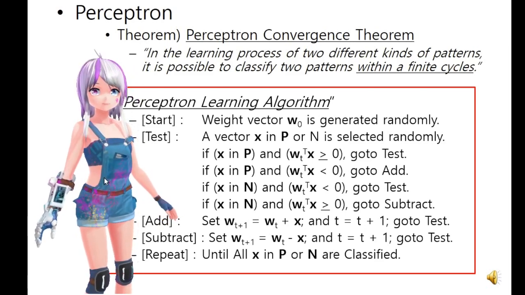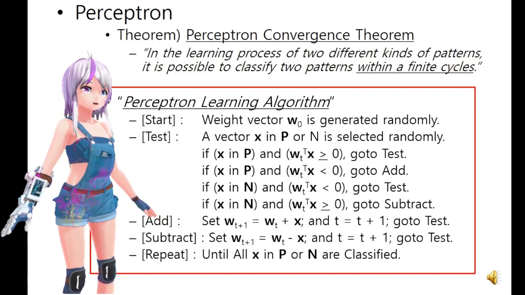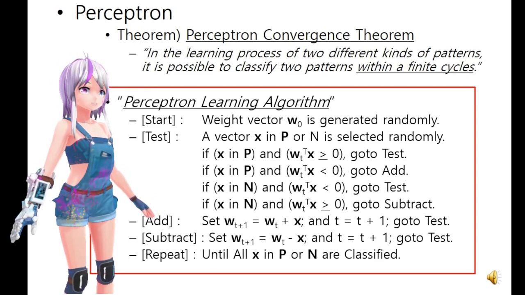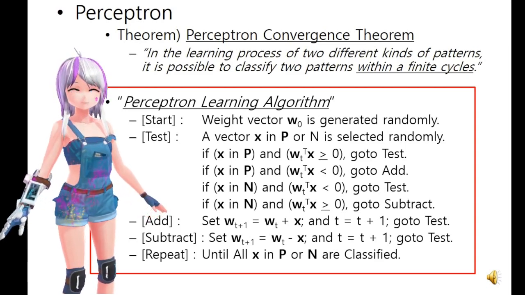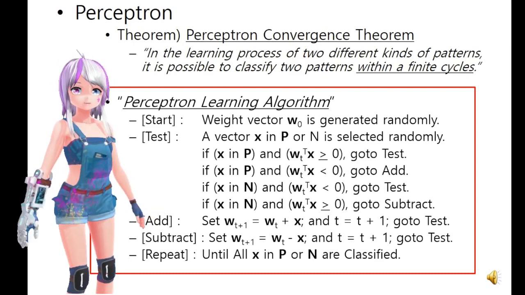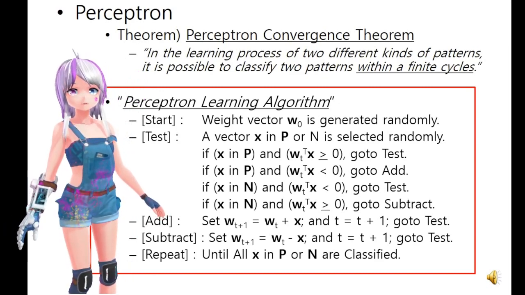So it satisfies, and we go to test and pick up another training vector. You don't change anything. Now the fourth case: if x is in the negative set, the output should be either 0 or minus 1, and the inner product Wt transpose x is greater than or equal to 0. So it does not satisfy the output condition.